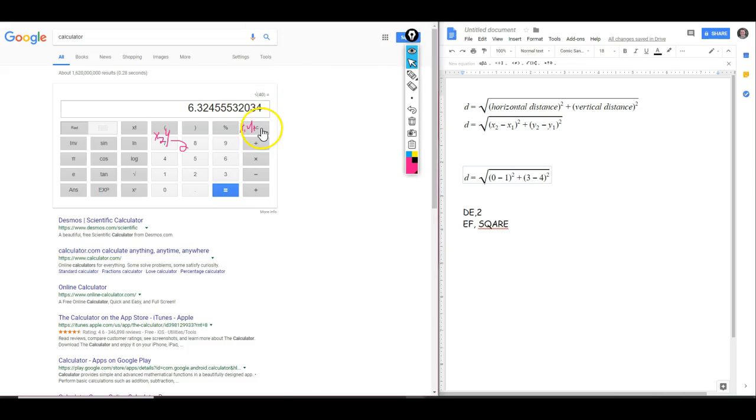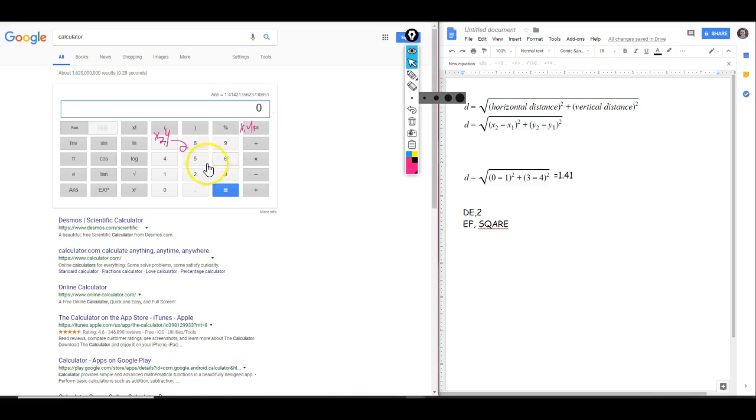Then jump over to your calculator: square root, parentheses, 0 minus 1, close parentheses, squared, plus parentheses 3 minus 4, close parentheses, squared, and that equals 1.41. Now the question is, is that equal to the square root of 2?